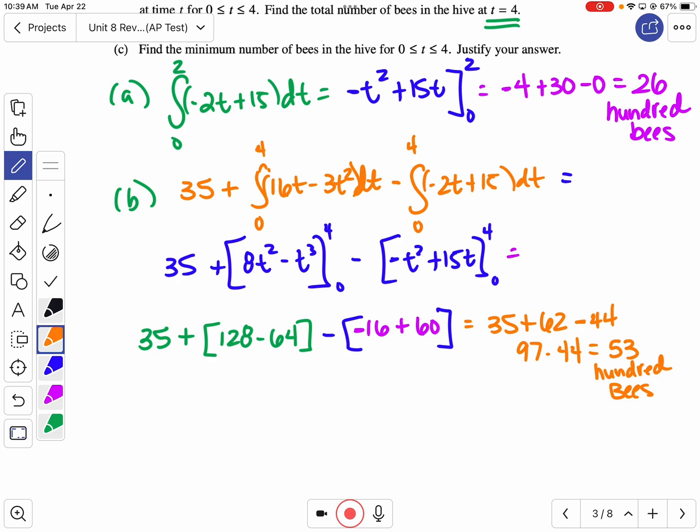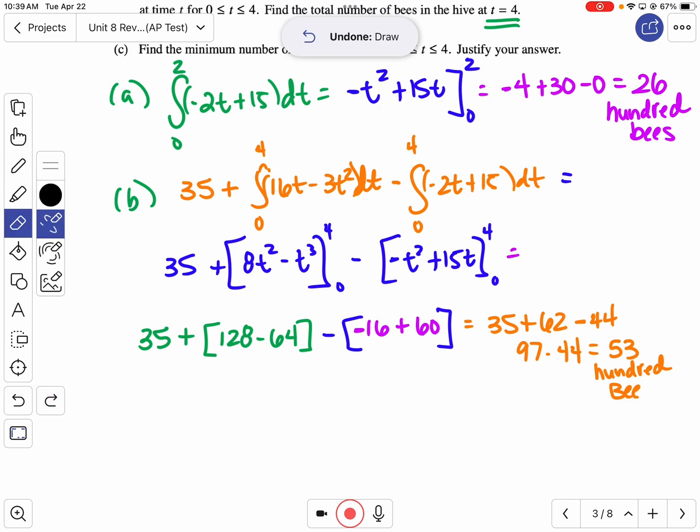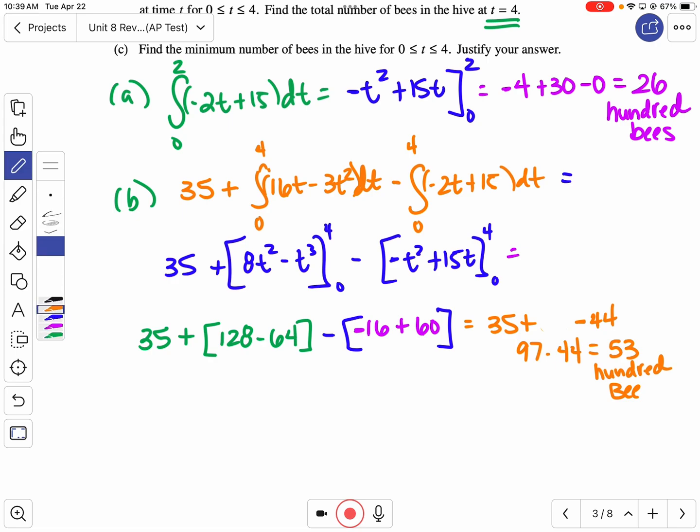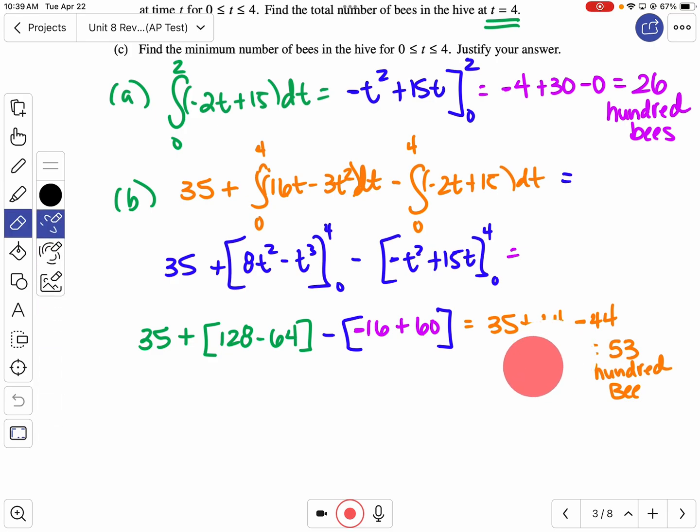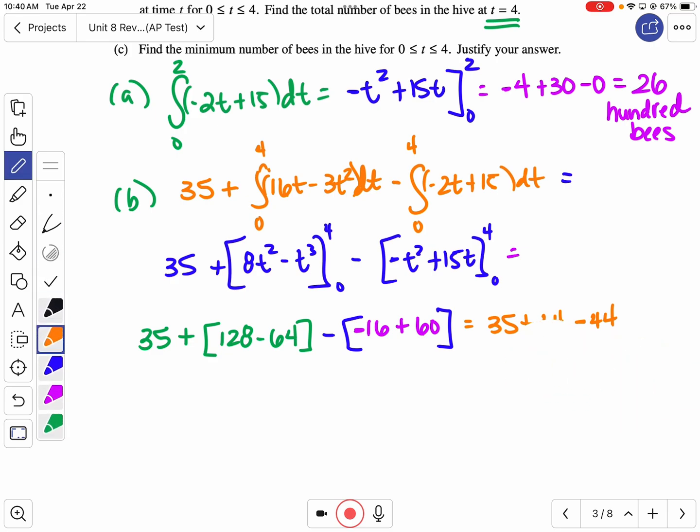Did I do that math right? It's questionable. Wouldn't that be 64 minus 44? Yep. Thank you. Yes, that would make it 55. Because that's 20. Yep. 55.